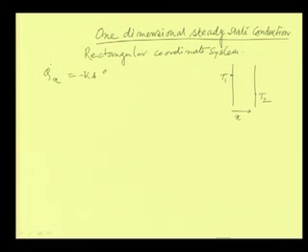This del T by del x would be a perfect differential, because T is a function of x only. It is not a function of other coordinates, and also not a function of time, because we have assumed that the discussion will be on steady state. So, we will write it as minus k A dT by dx.